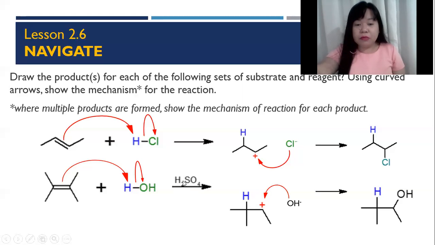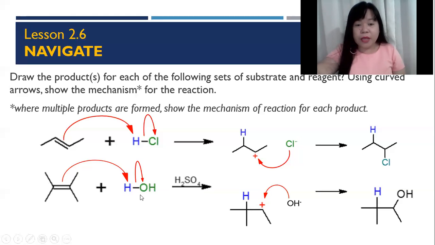Therefore, what we do is simply to add an H plus to the HOH, OH minus species. So in this case, this molecule does not actually react with water.